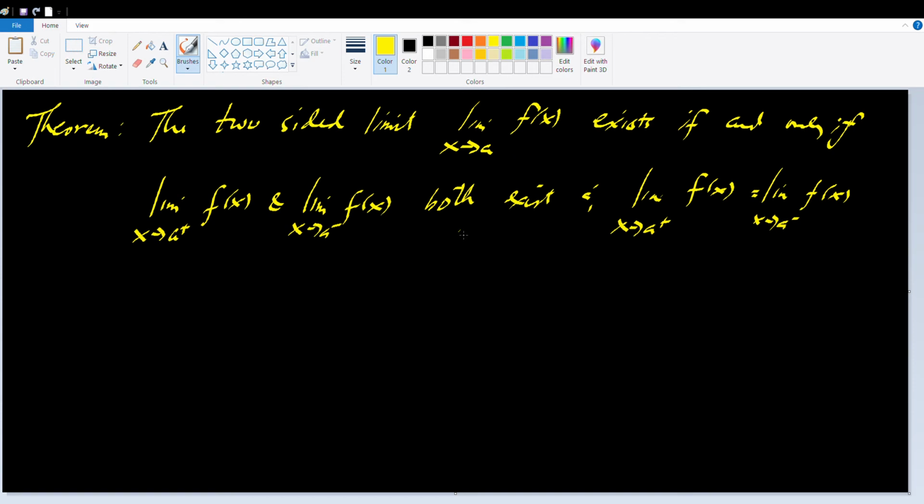So the ordinary limit that we know will exist provided that the right-hand and the left-hand limit both exist and must be equal.